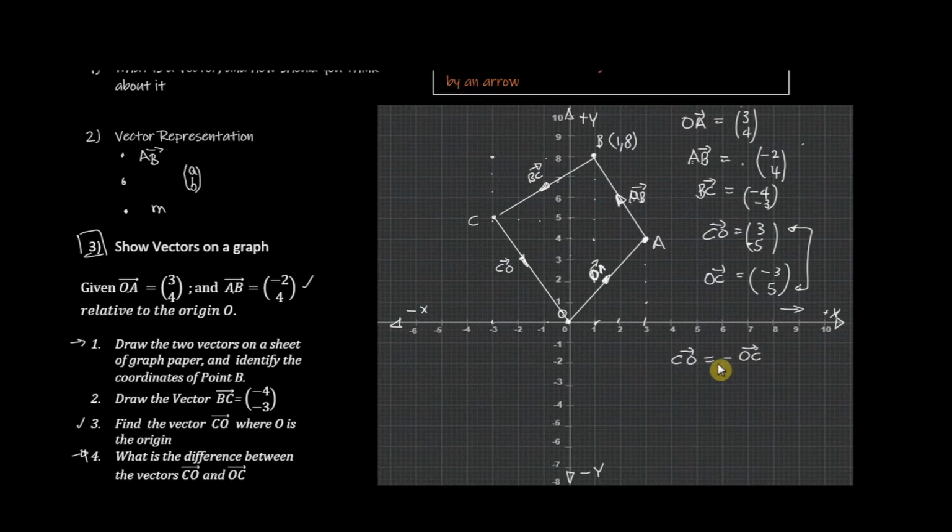So let's continue. Okay, so now we need to know what we mean by multiplying a vector by a scalar. To multiply a vector by a scalar is simply saying that if you have a vector AB and it is equal to 2, 3, then it is possible to multiply AB by a scalar. What is a scalar? A scalar is a real number.